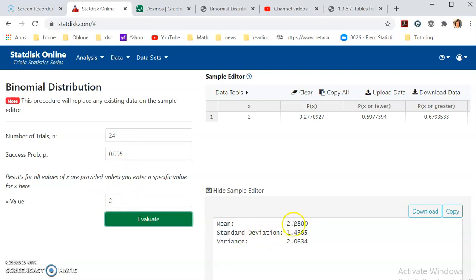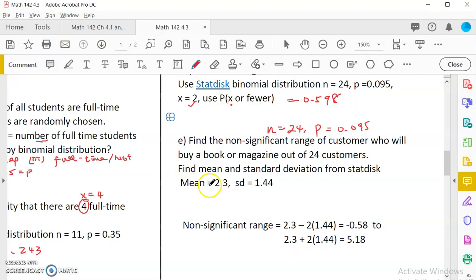Now we look at the mean and standard deviation. The mean is here underneath the sample editor. Mean is 2.28, so we can round it as 2.3, and the standard deviation is 1.44.